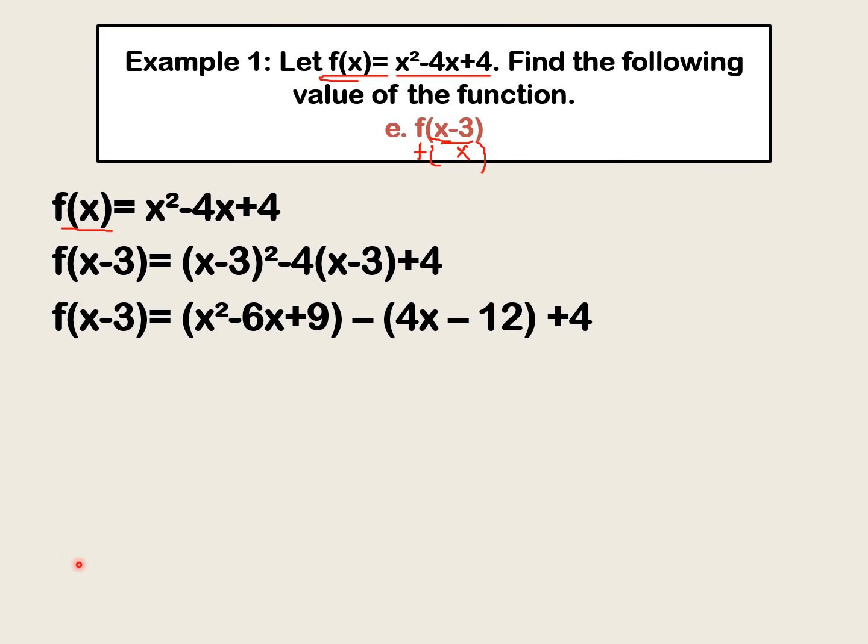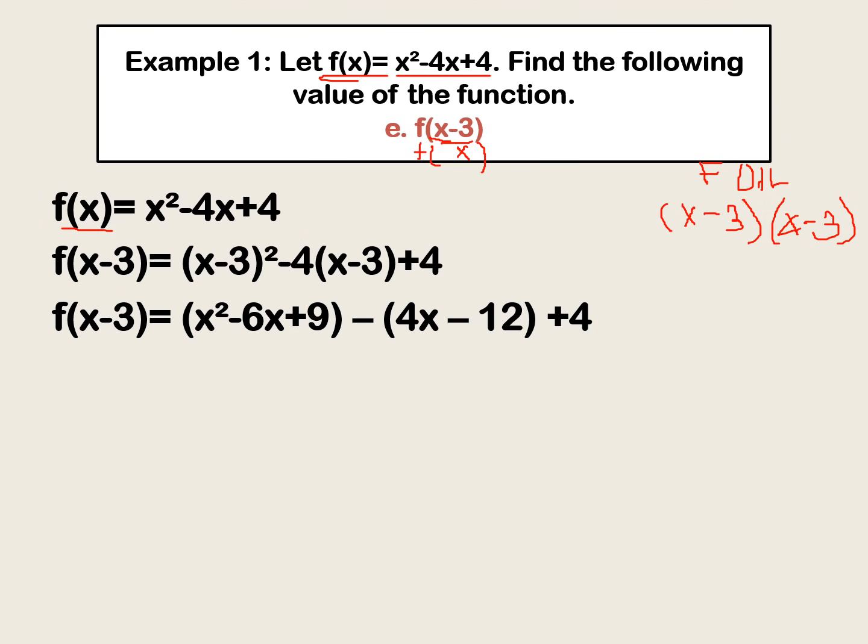In expanding a binomial, tama ba? Either gagamitin mo is FOIL method. So, x minus 3 multiply by itself, x minus 3. Pwedeng gumamit ka ng FOIL method dyan.